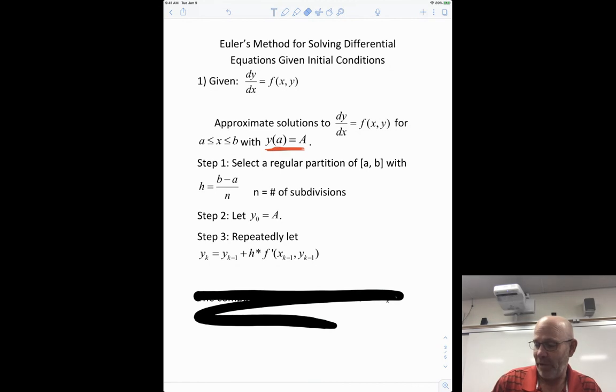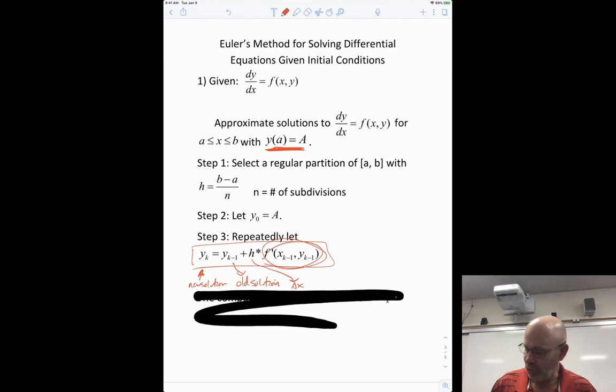Here's the real important thing. This is the formula that you need to know. The rest is going to be set up for us. This is your new solution. This is the solution you started with, your old solution. h is like the delta x. And then we put the old solution into the derivative.